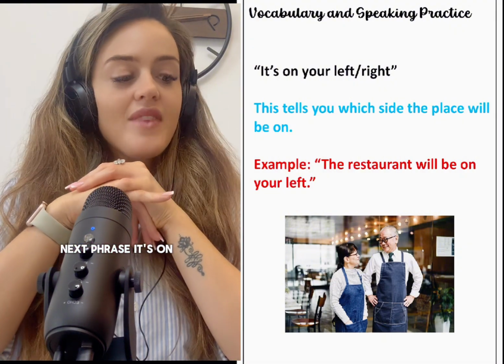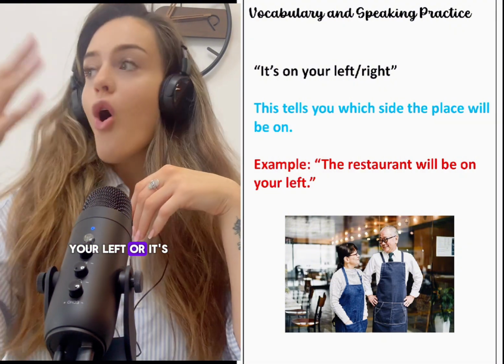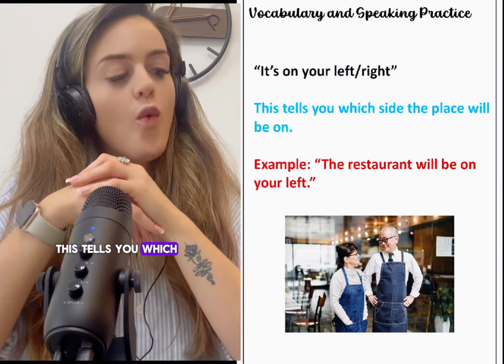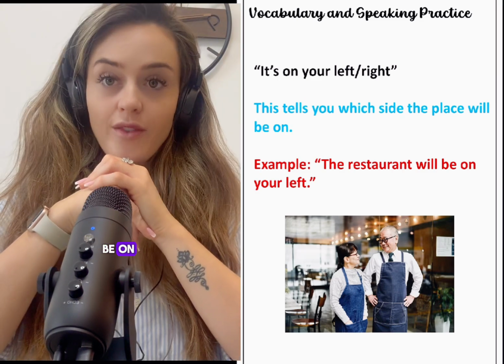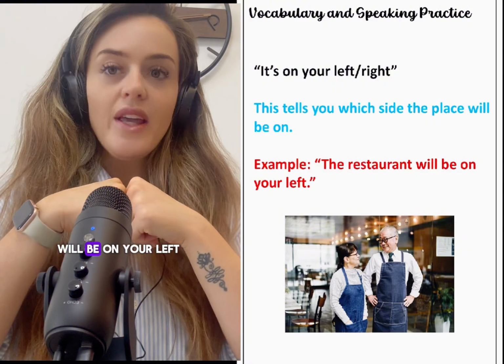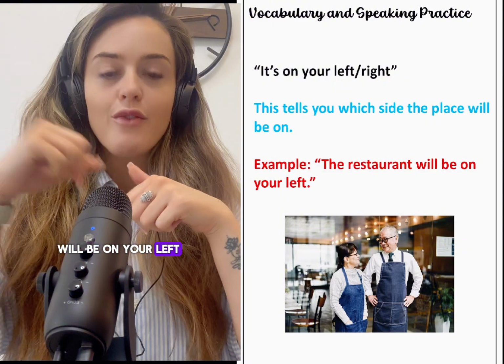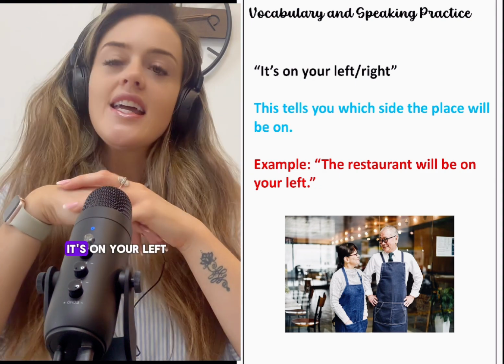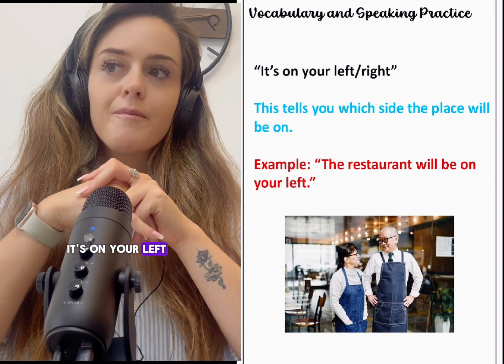Next phrase. It's on your left or it's on your right. This tells you which side the place will be on. For example, the restaurant will be on your left. I'll say the key phrase again. It's on your left.